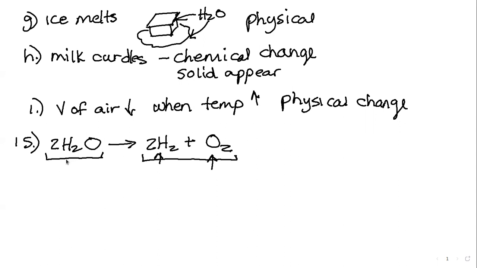Now, these two substances are bonded together in water, which is liquid and flows around, and that is pretty different from hydrogen gas and oxygen gas, which are both kind of reactive and explosive. So it's broken down into 2 different substances. So this is a chemical change.